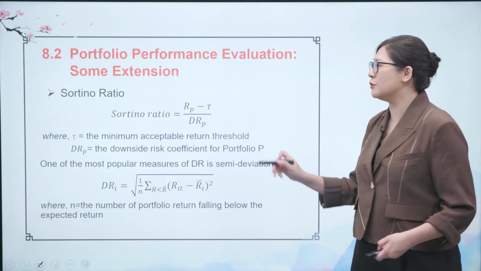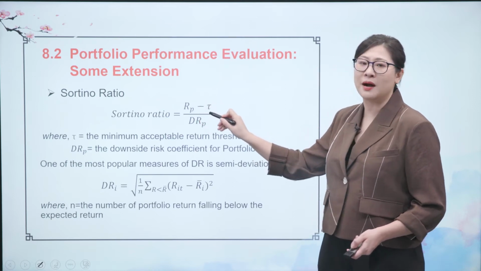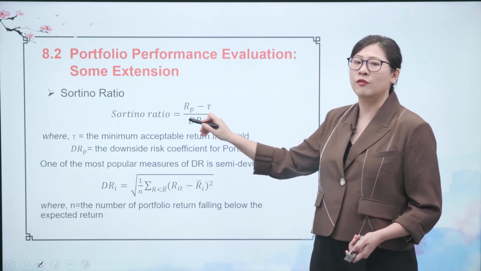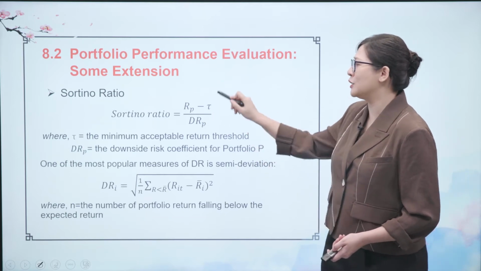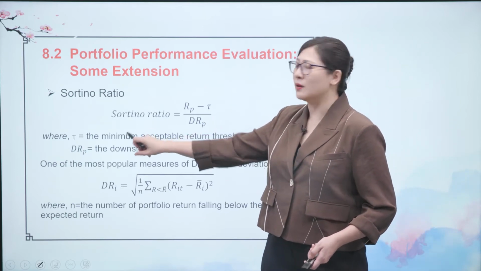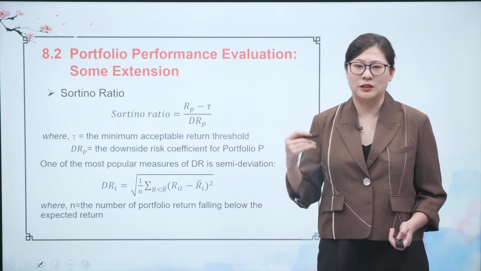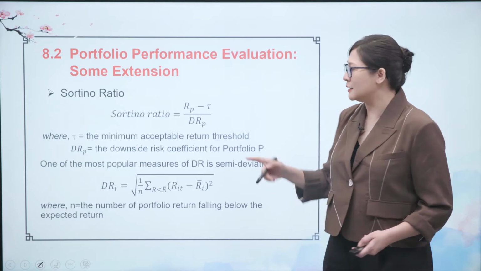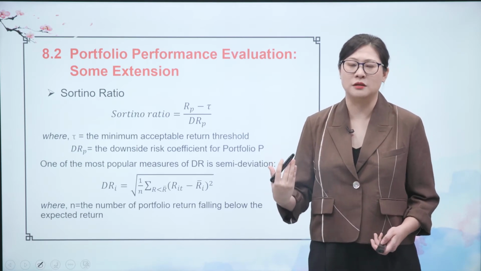And the Sortino ratio equation is R_P minus tau over DR_P. So here tau is the threshold, or in other words, the minimum acceptable return threshold.